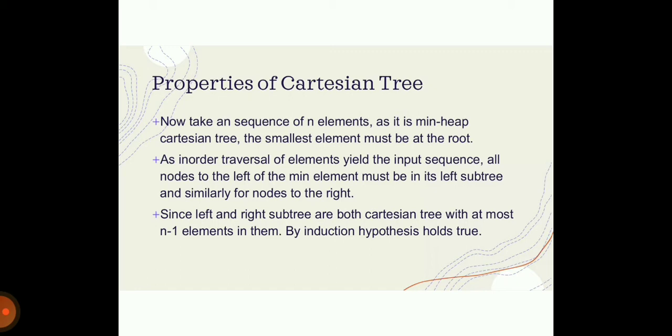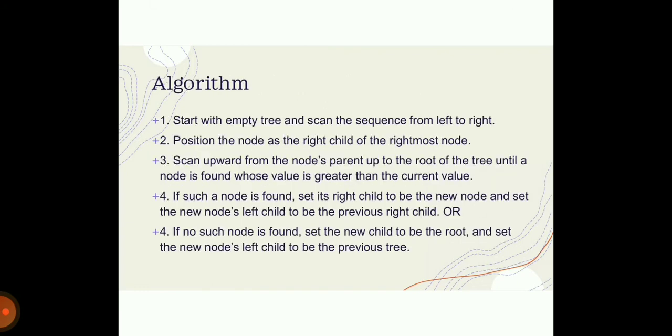So and in order traversal of elements yield the input sequence, all nodes to the left of the min element must be in left subtree, and similarly for nodes to the right. Since left and right subtree are both Cartesian tree with at most n-1 elements in them, so by induction hypothesis this property holds true.